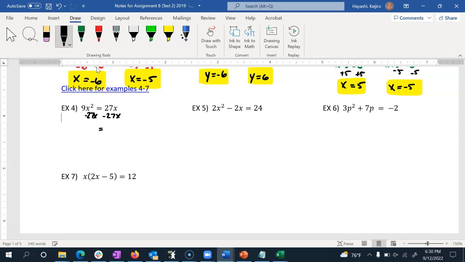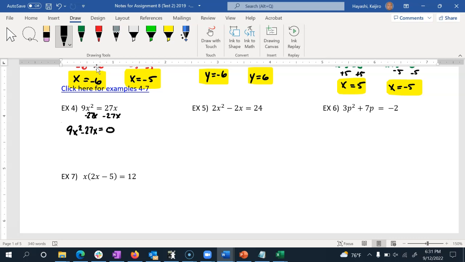So the right-hand side will now be 0. And the left-hand side, because these aren't like terms and can't combine, is just going to be 9x squared minus 27x. Now this doesn't look like the quadratic that you factor using the little x.